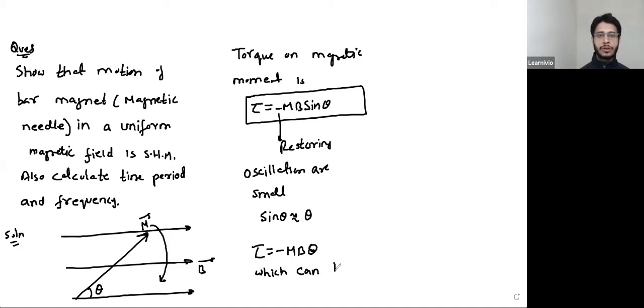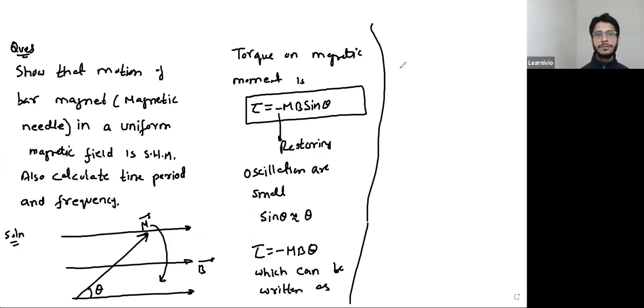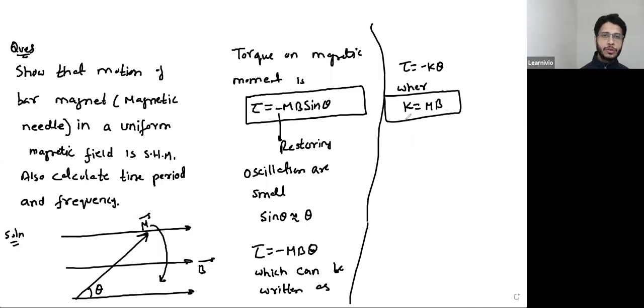which can be written as tau is equal to minus of k theta, where k is mb. K is equal to mb. This is known as the spring factor.